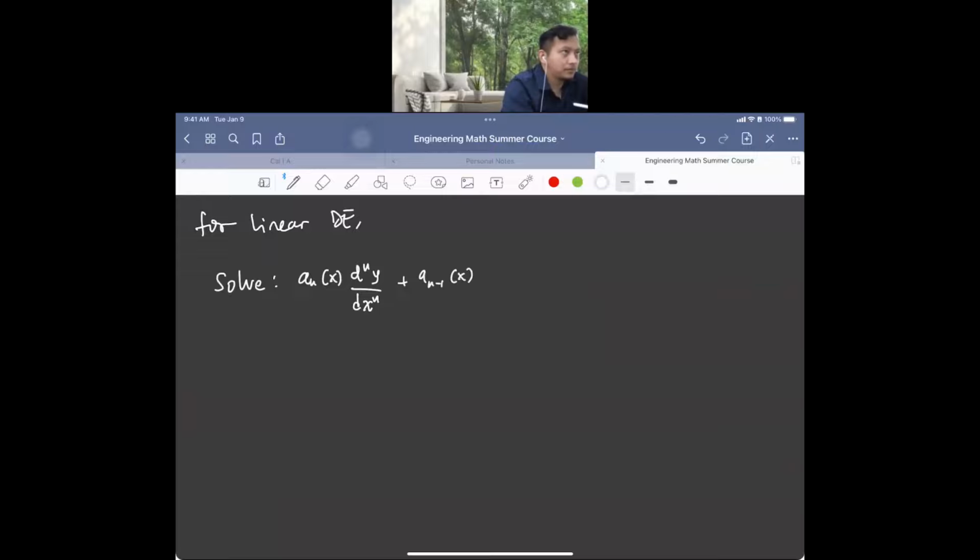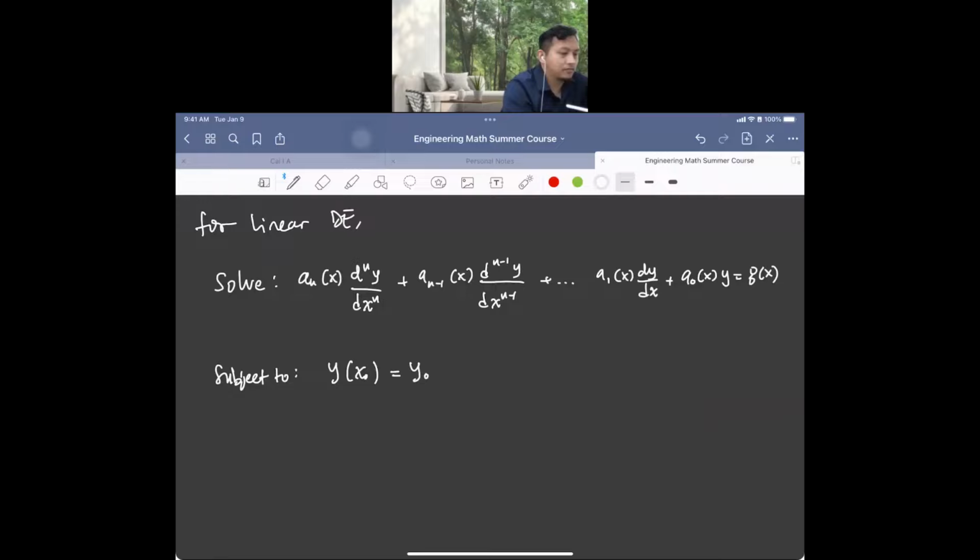Okay. Then we need to have some certain initial conditions to solve the linear DE.